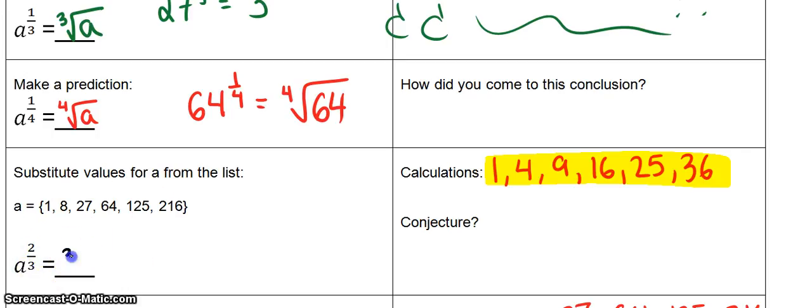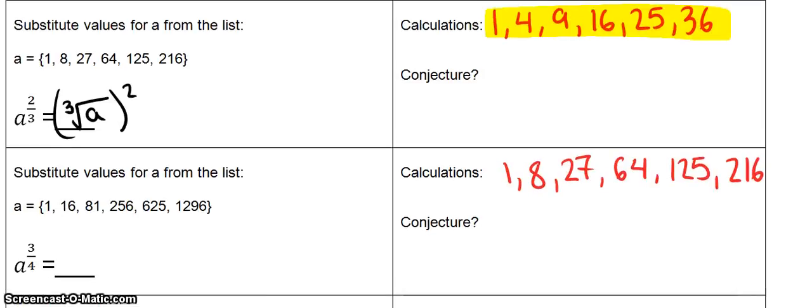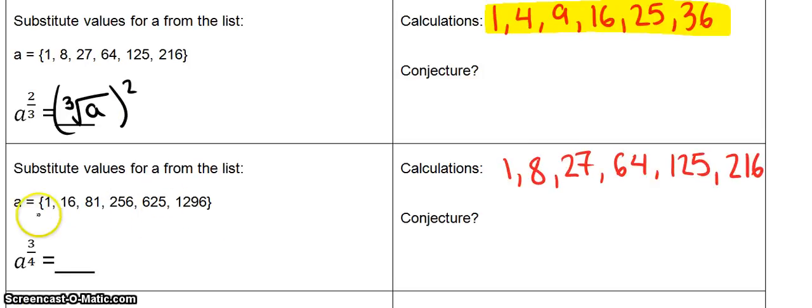Well, if the 1/3 power is the cube root of a, and I have to square my answers, what you're really doing is squaring the cube root of a, so that numerator tells you what exponent you're raising it to. I didn't write out the answers for a to the 1/4, but if you look at the structure from above, the pattern will continue.